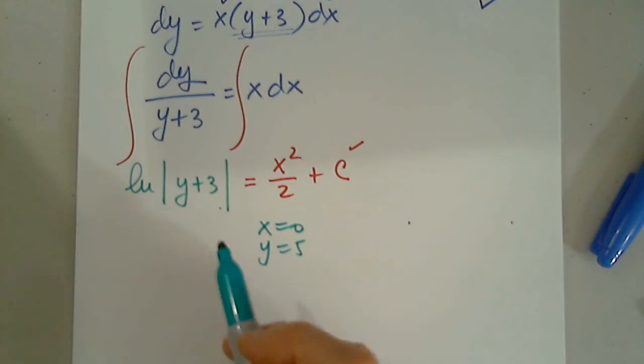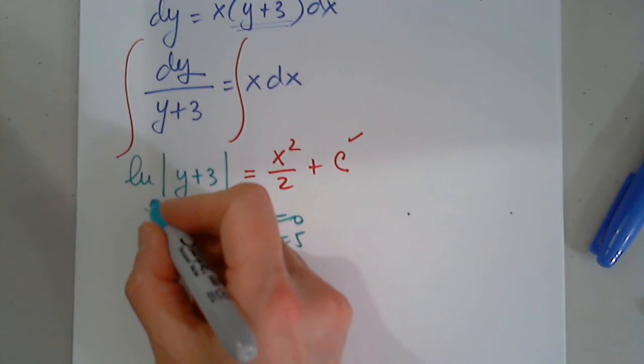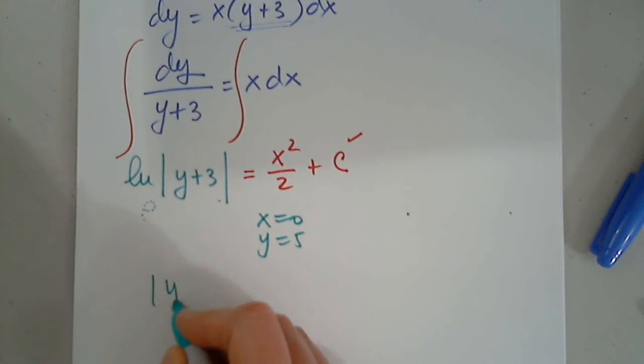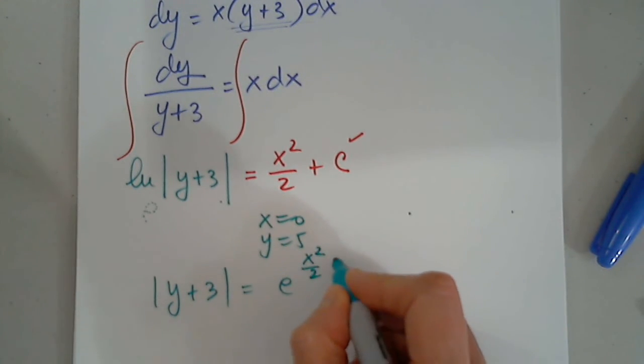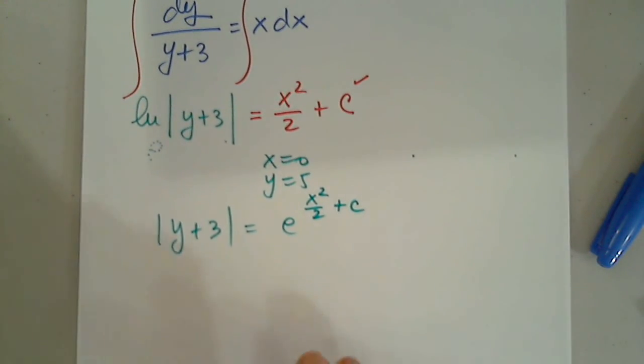Okay, so let's solve for y and then put the condition in. Exactly what we just did. E raised to that equals y plus 3 in absolute value. And now let's see what we get.